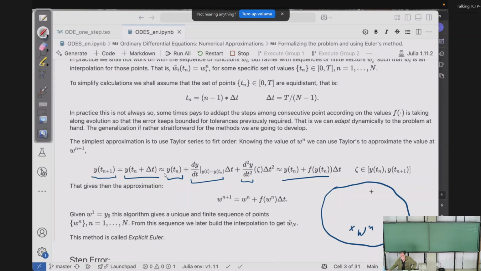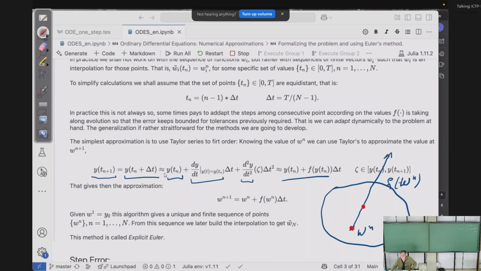Look at the vector here, say this vector, this is f of Tn, of Wn, and make the step. So we go from a point here to a point here.